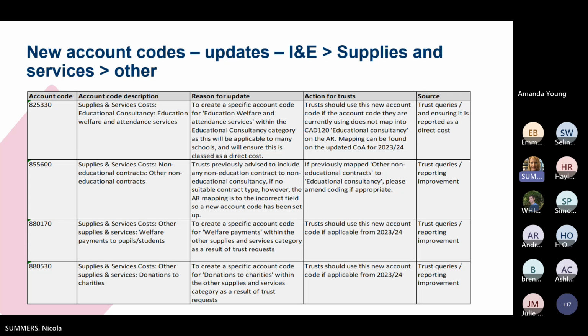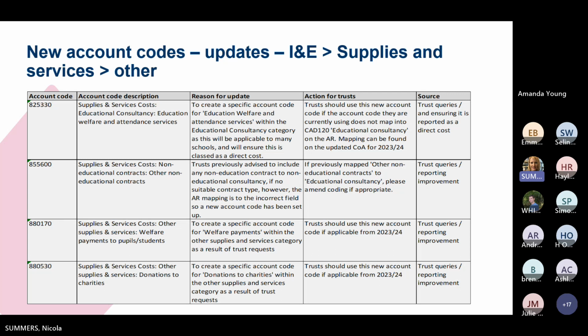Another query that we've had from trusts, where there is nowhere suitable to allocate funds, is donations to charity. So again, we've set up another new account code for that. We only really set up new account codes if there is nowhere else suitable for it to sit.